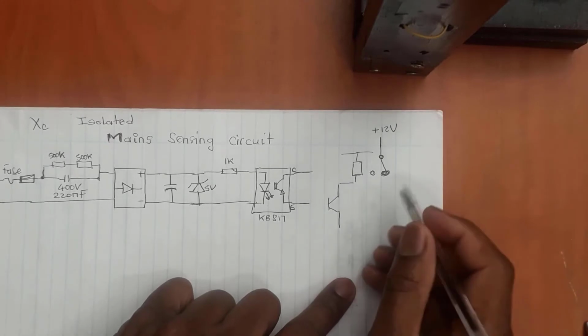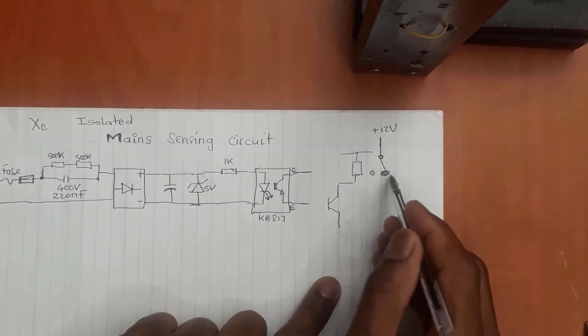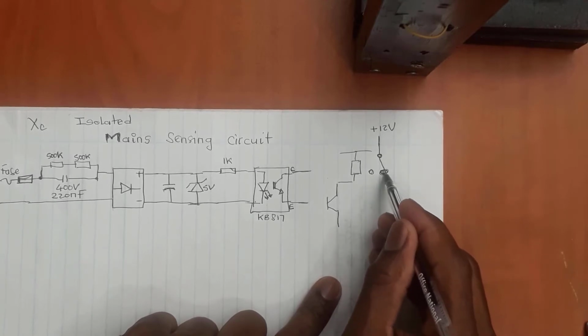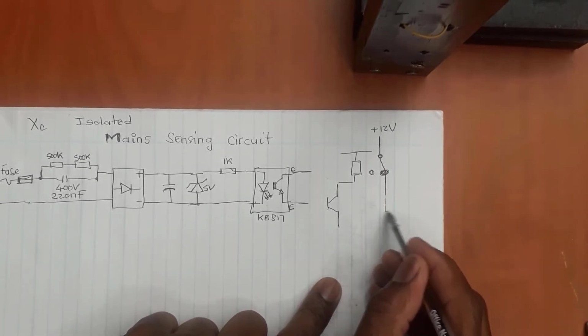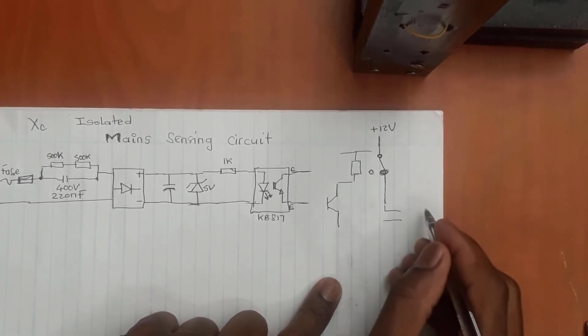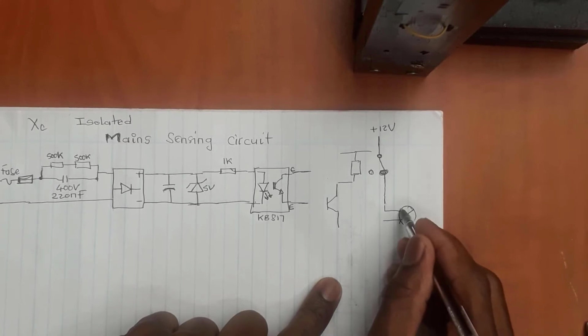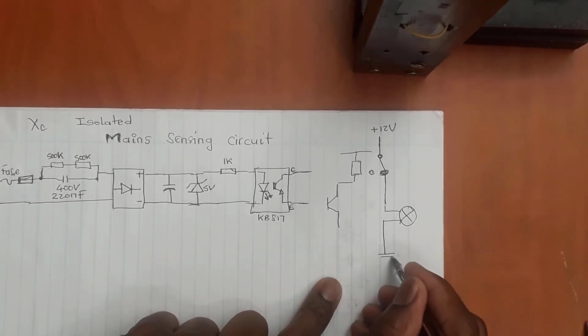So what will happen here is, from the relay, we need to have an output that is coming straight from the 12 volt and is going into our lamp. Let's say we've got a lamp here; I'm just going to put a symbol of a lamp like that. And this is going to ground.